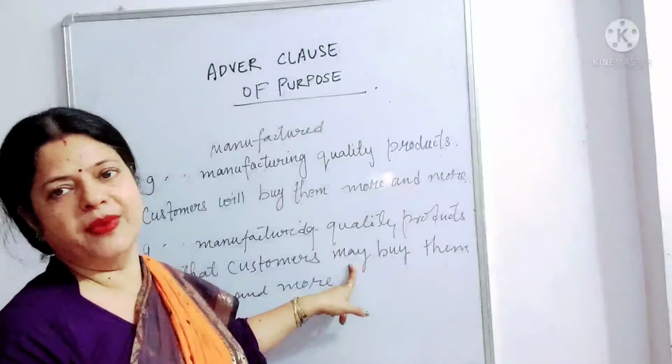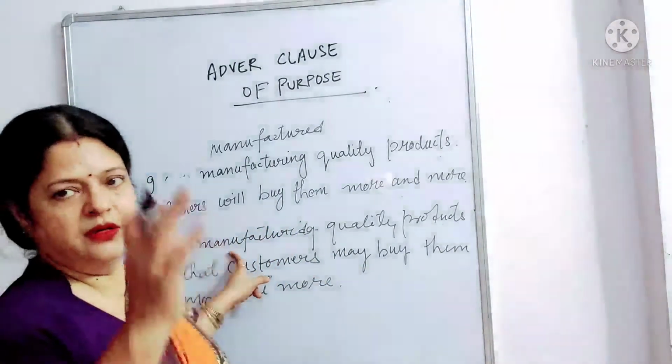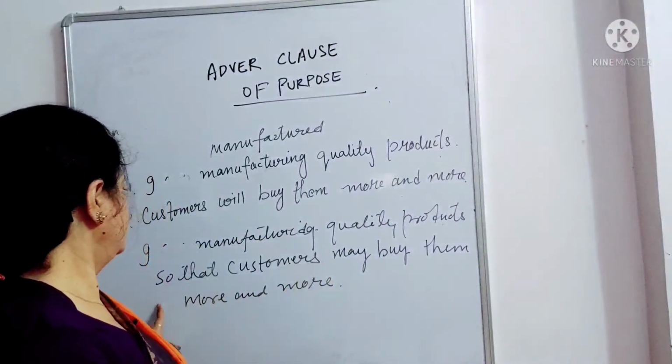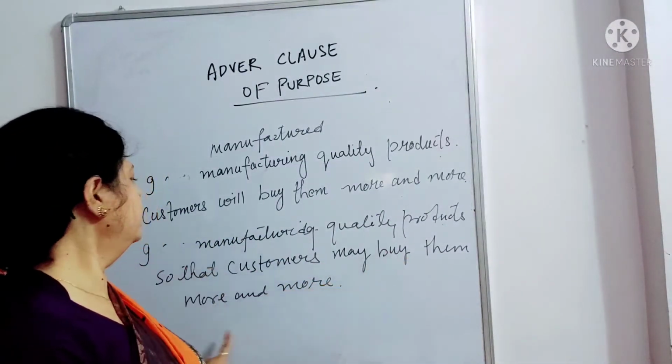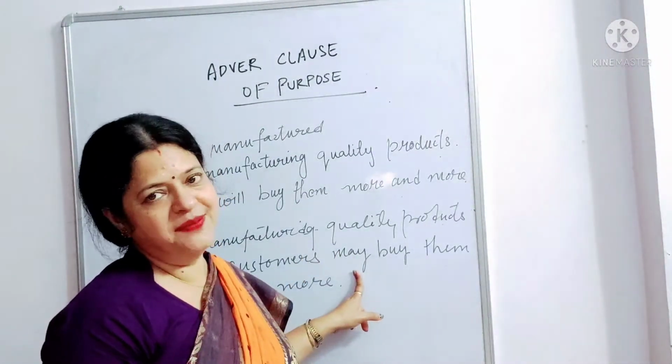May will change into might. If the first sentence is in past tense, may becomes might or could. So that customer could buy them more and more, or so that customer might buy them more and more.